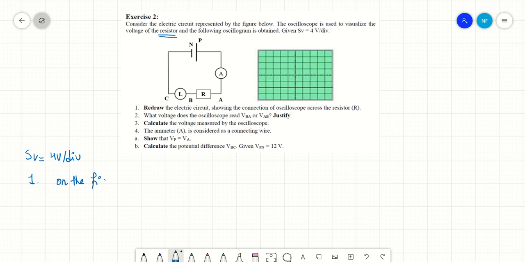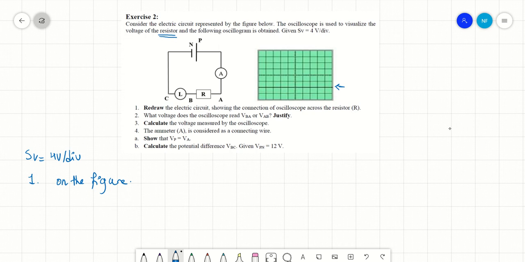Let's concentrate. Once I'm asked to connect an oscilloscope, I have to check and make sure whether the oscilloscope is reading a positive or negative voltage. As the luminous line is displaced downward, the oscilloscope will not be connected to read a positive voltage, on the contrary it will read a negative voltage.